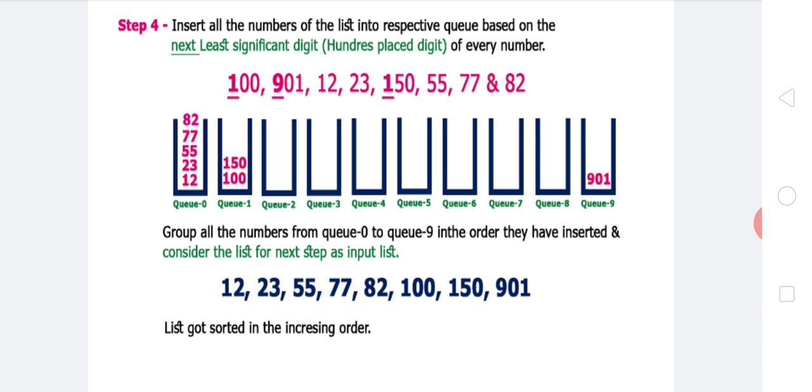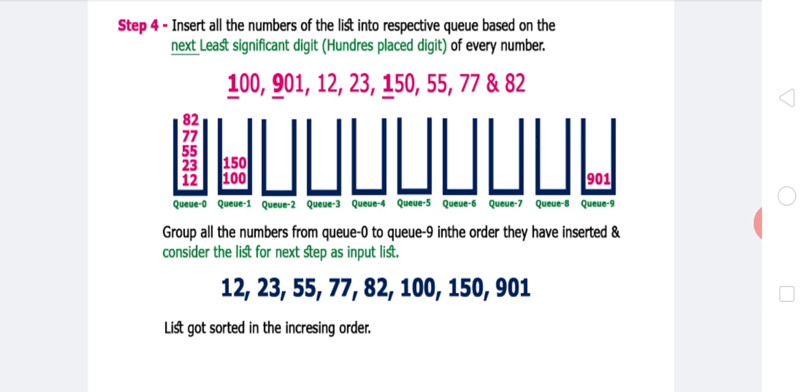Here the hundreds place digit is not present, so we consider it as 0. Now the next element is 23. In 23, the hundreds place digit is not present, so we consider 0 as the hundreds place digit. As you know, 023 is considered as 23.